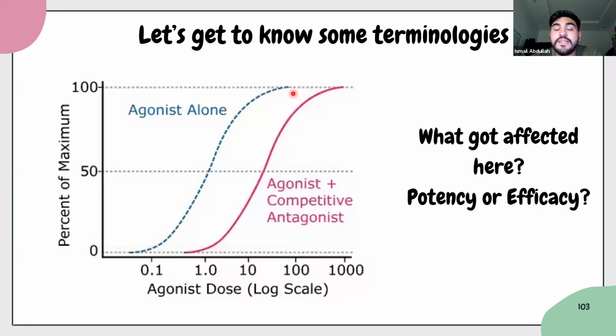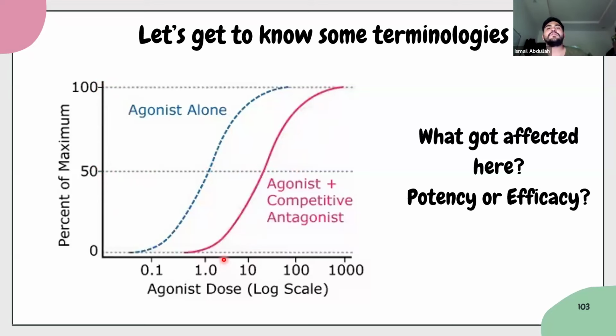As you can see, in both lines, it ended at 100%. So efficacy is undisturbed. But the potency did get disturbed. Why? Because the half of the maximum efficacy, which is 50%, got changed. So this combination is less potent.